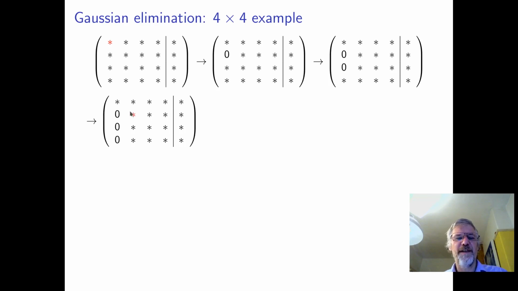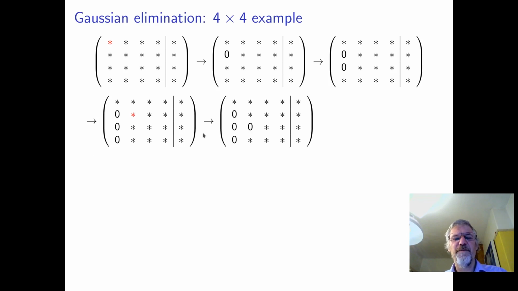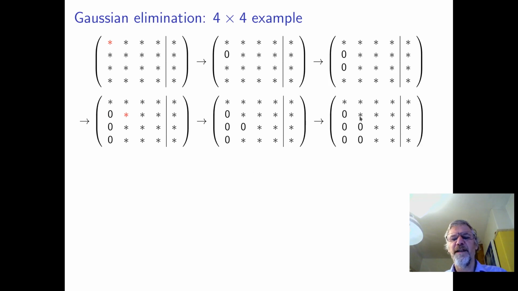Now our next target is this number. Sorry, the next target, I'm going to use this number here, the red star, to get rid of these two numbers. So I subtract multiples of the second row from the third row to get a 0 there, and then I subtract another multiple of the second row from the fourth row, and now I've got zeros underneath the diagonal.